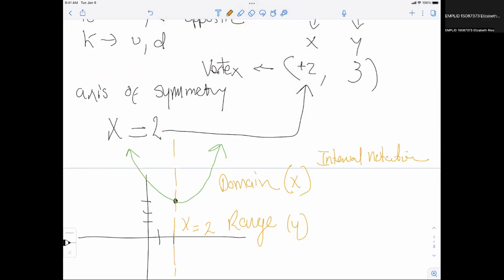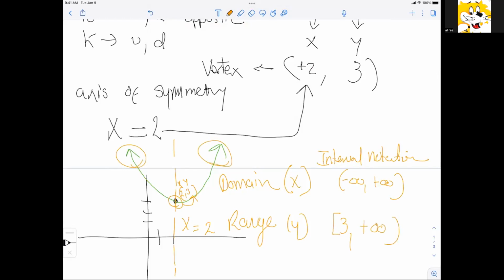This would be negative infinity to positive infinity for domain. And then my range, if I look at my vertex here is 2, 3. And if this is x and this is y, my y is 3. So if my lowest value for y is 3, right here, this would be 3 bracket. Where is this pointing to? To infinity. So this is positive infinity. So this would be my range. This is my domain.